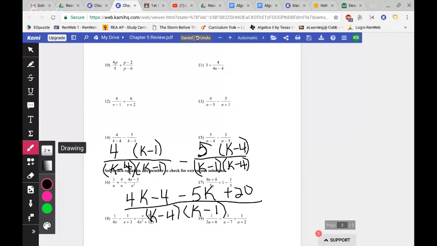So now we'll combine like terms. We have 4k minus 5k, which leaves you a negative k. And then you've got a negative 4 plus 20, which gives you plus 16 all over k minus 4, k minus 1, which is that denominator that we created.